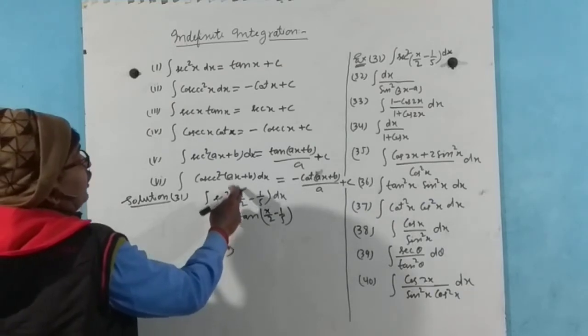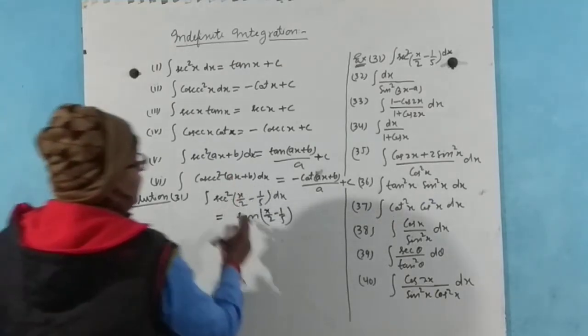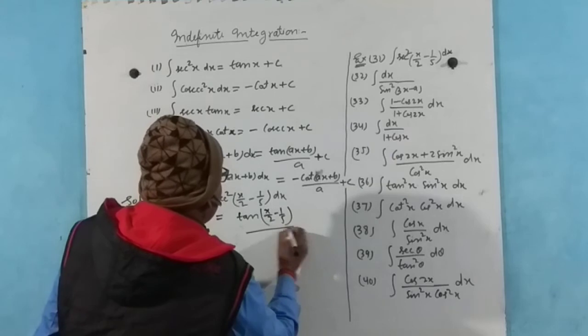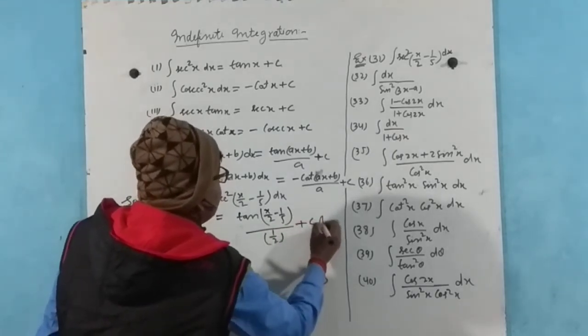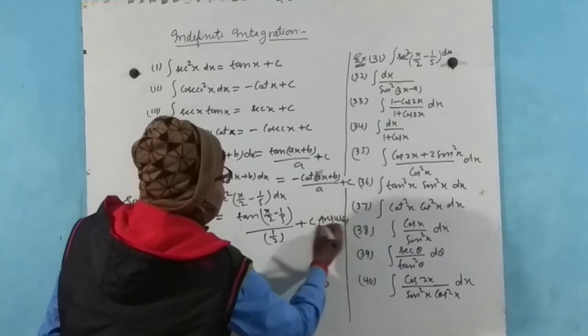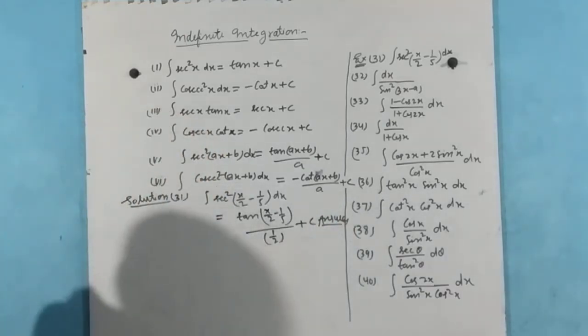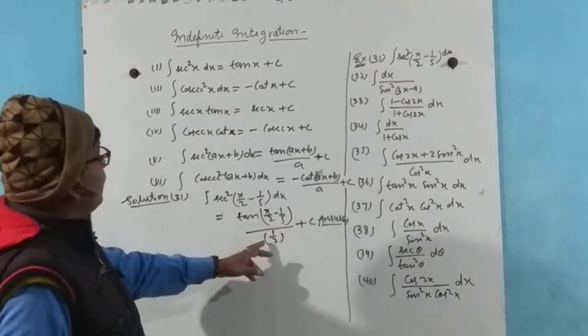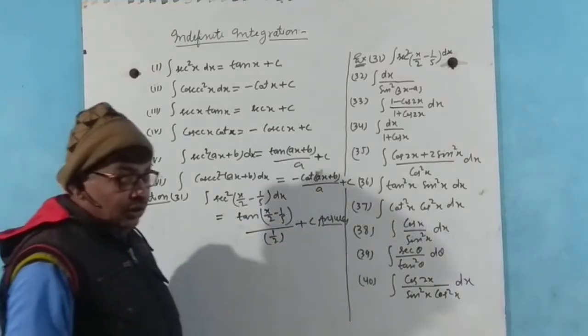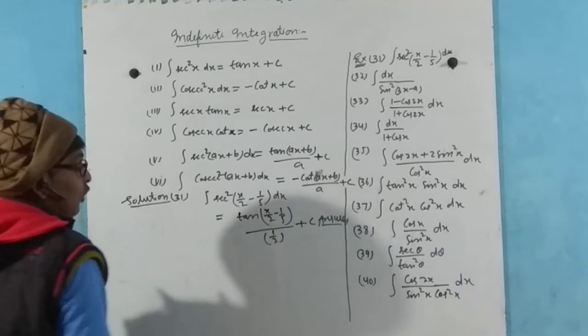Here a is the coefficient of x, so we divide by 1 by 2. The answer is tan(x by 2 minus 1 by 5) divided by 1 by 2, plus c.